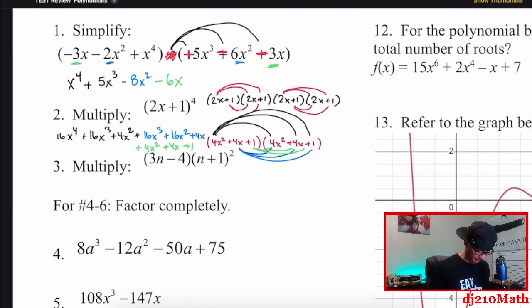Okay. This is going to be, so we're combining like terms now. We're actually running out of room. So we'll erase the last problem. Combining the like terms, we're going to get 16x to the fourth, plus 32x cubed, x squared: 4 plus 16 plus 4, 24x squared.